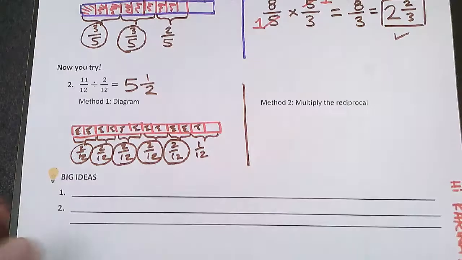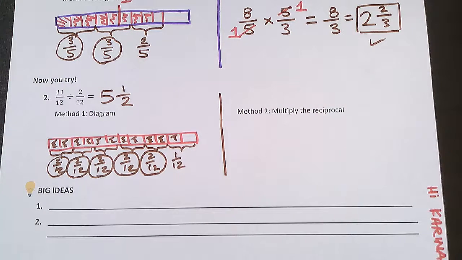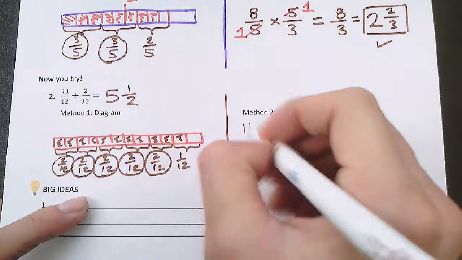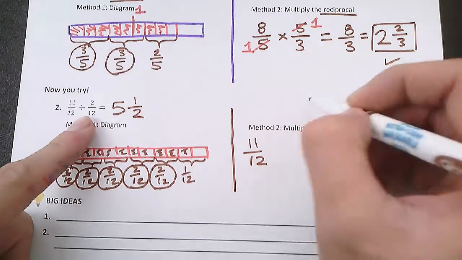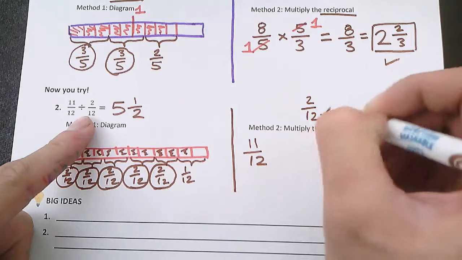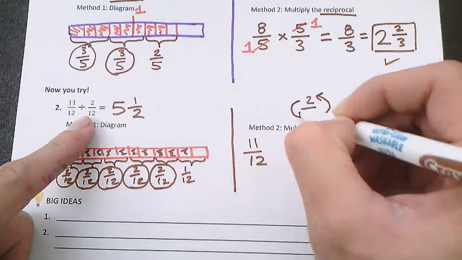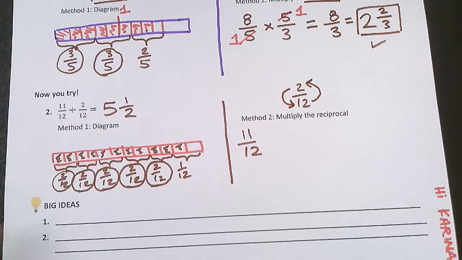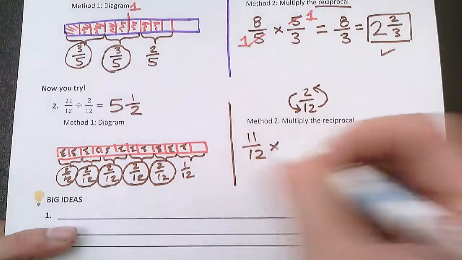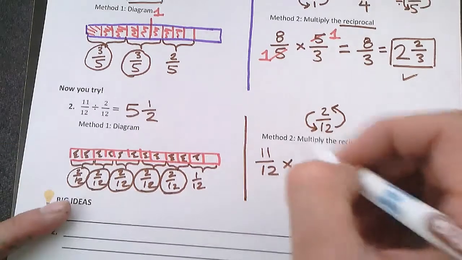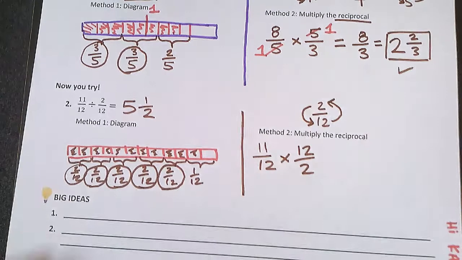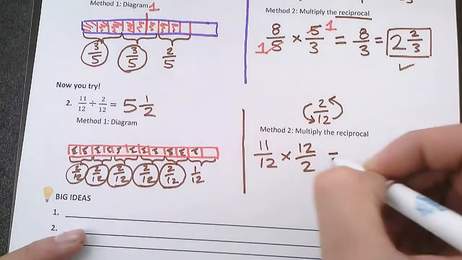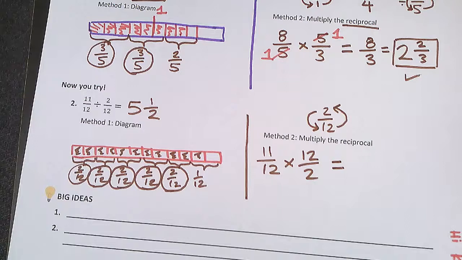Let's try by multiplying by the reciprocal to see if we get the same answer. We have 11/12, right? And we're dividing by 2/12. So the reciprocal of 2/12, I just have to switch the numerator and the denominator. So instead of 2/12, I'm multiplying by 12/2. Right? And I check, can I do any cross-canceling?